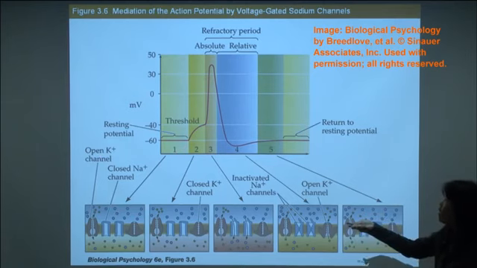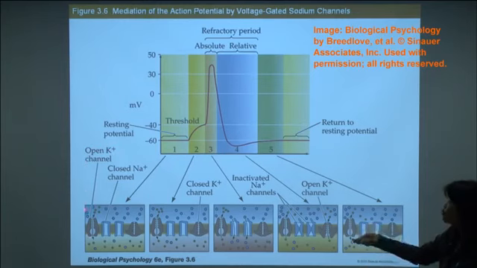We have our vanilla kind of potassium channels open all the time. But we have 2 more channels that I just told you about. These blue ones are voltage-gated sodium channels, and this shorter brown one is the voltage-gated potassium channel.